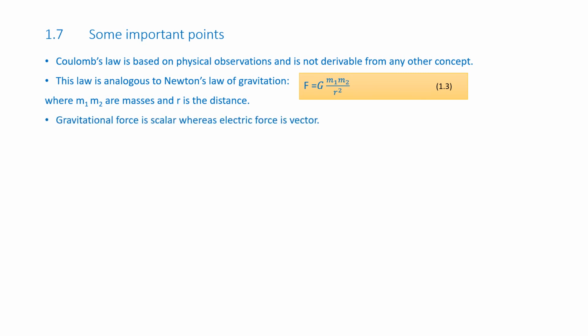So, Newton's law of gravitation says the force equals G into m1 m2 divided by r square, where m1 and m2 are masses and r is the distance. Gravitational force is scalar, whereas electric force is vector.